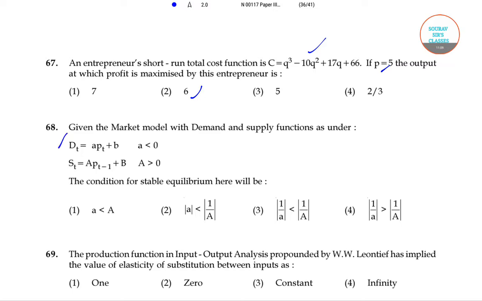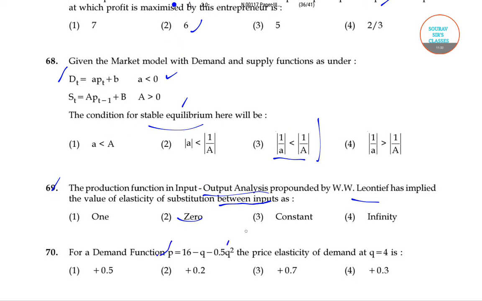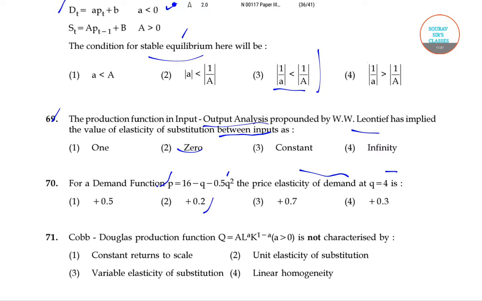In question number 68 two demand and supply functions are given, so the stable equilibrium condition will be 1 by small a, modulus, less than 1 by capital A, modulus. Now for question number 69, we know in Leontief input output analysis the elasticity of substitution between inputs is 0, and we just solved this question, where the demand function is given, and the price elasticity of demand at q equals 4 is 0.2. And finally the Cobb-Douglas production function is not characterized by variable elasticity of substitution.